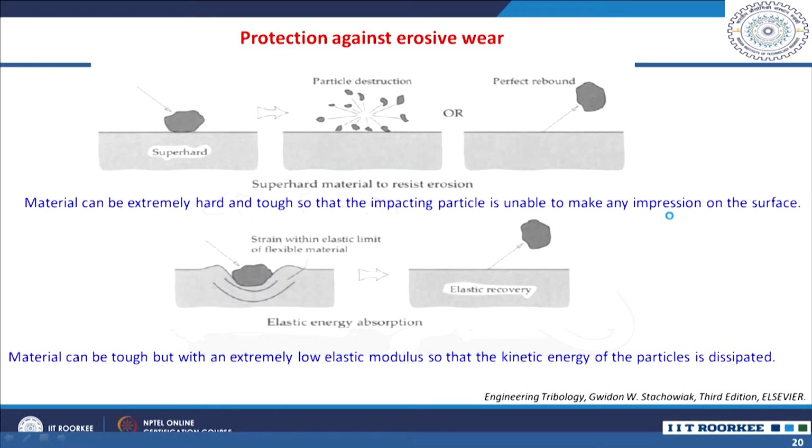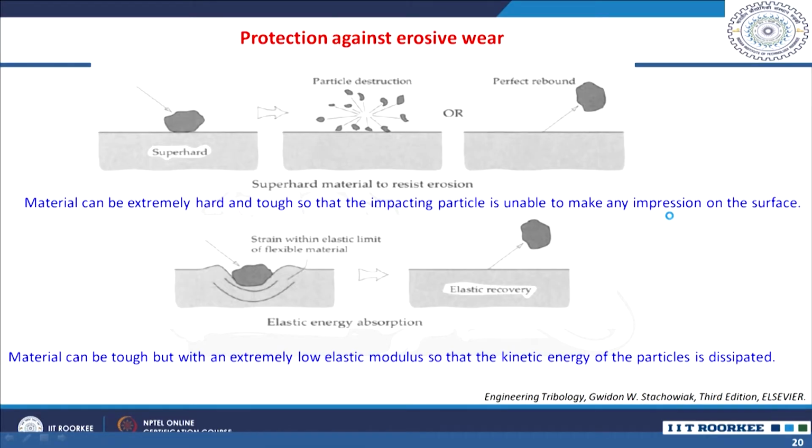Finally, how do we protect materials against erosive wear? There are two ways. One way is to have a material with extremely high hardness, but at the same time tough, so that the impacting particle is unable to make any impression on the surface.